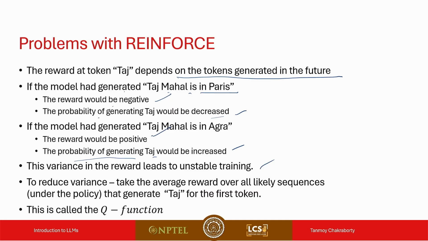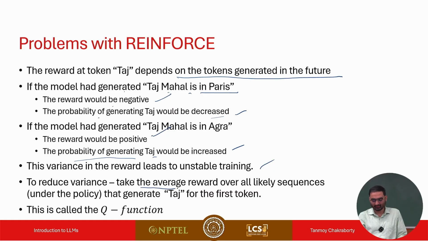So to address this, what we'll do, this is very important, we'll take the average reward over all likely sequences that generate Taj for the first token. What does it mean? It means that you look at all the responses generated by the policy model which start with the word Taj.